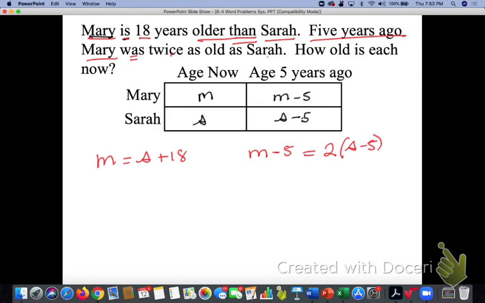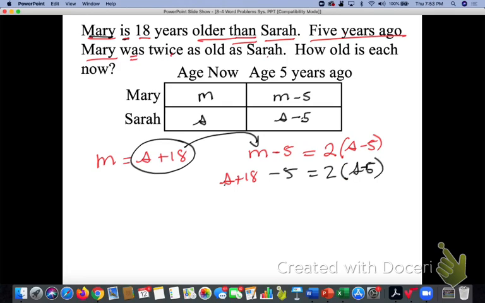And now we can do our substitution. Substitute in. I'm going to get S plus 18 minus 5 equals 2 times S minus 5. So I'm going to get S plus 13 equals 2S minus 10.